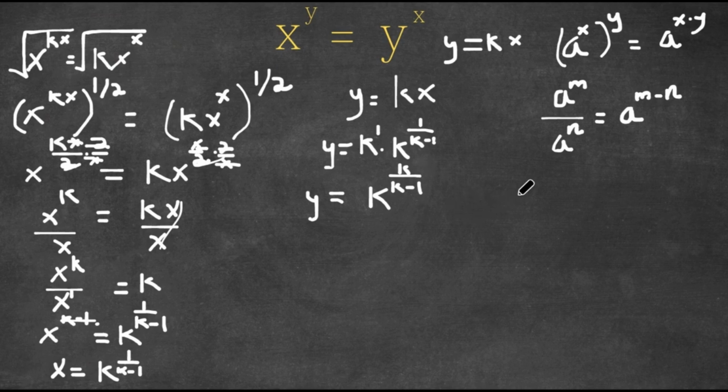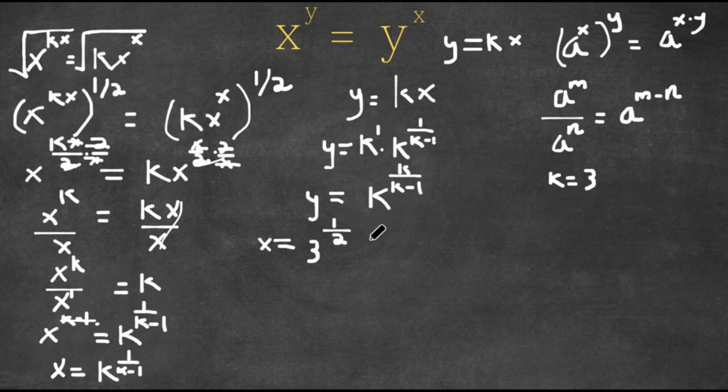So now, let's say that k is equal to 3. Because it's a constant, we could set it to whatever we want. Then x would equal, replacing k with 3, 3 to the power of 1 over 3 minus 1, which is 2.